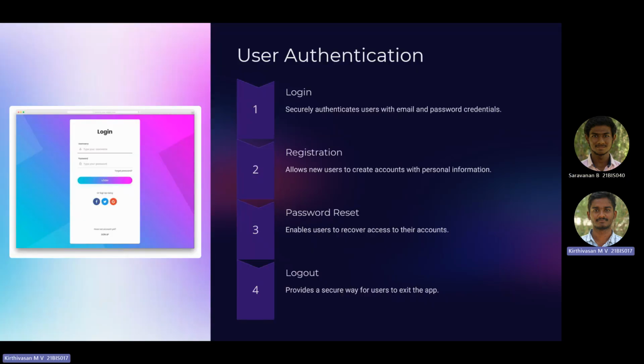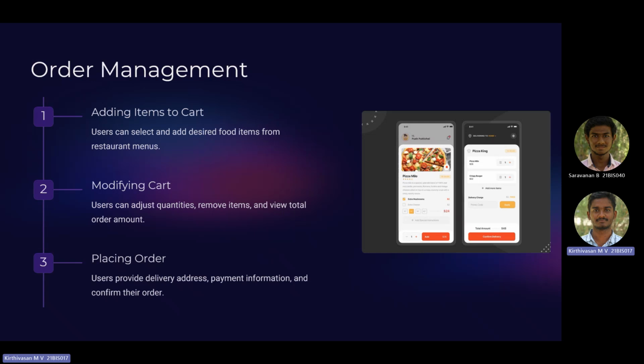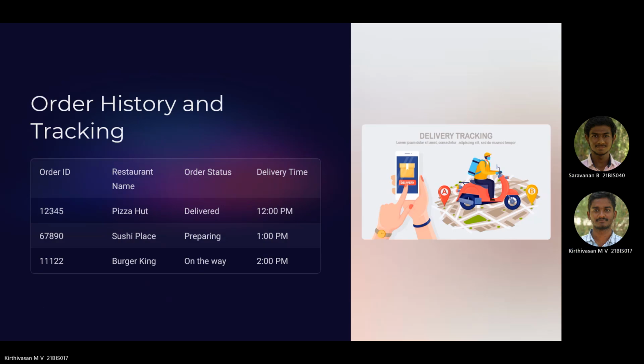User authentication involves registration, login, and if the user forgot the password, we can reset the password, and then logout. Order management is completely on the orders page: adding items to the cart, modifying the cart as the user responds, and placing the order.